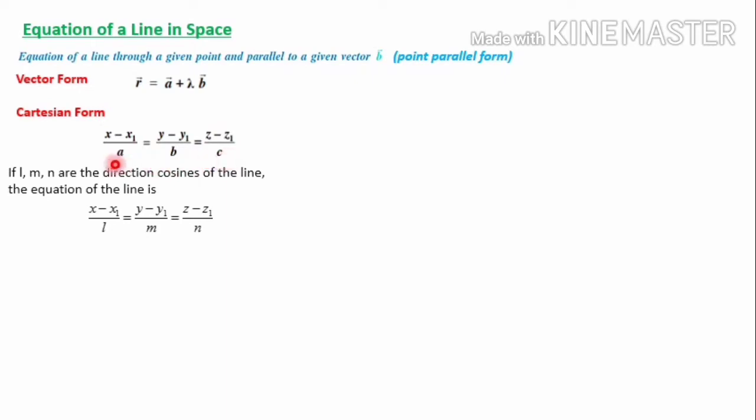Instead of these direction ratios, if direction cosines of the parallel vector are given to you, then x minus x1 by L equal to y minus y1 by M is equal to z minus z1 by N. This formula you can use.